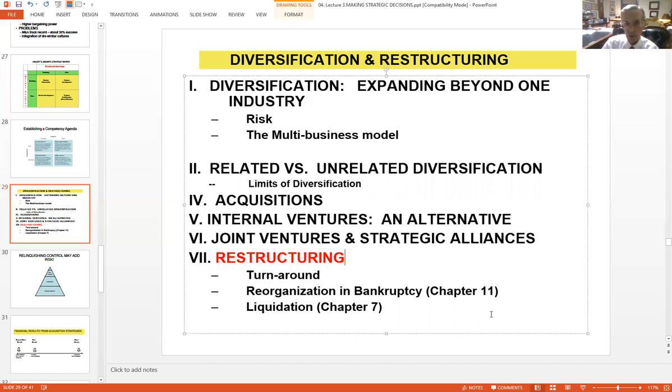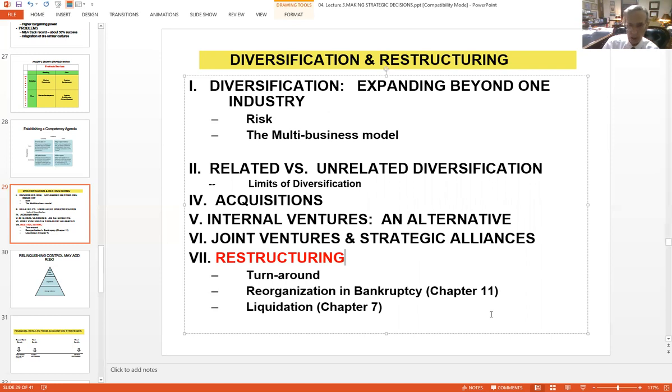Bankruptcies are tough to do and they're hard to do successfully. And so many bankruptcies, sadly, turn into liquidation. Chapter 7 of the Bankruptcy Code calls for discontinuing the business, selling the assets, and providing proceeds to creditors, first secured creditors, and secondly, unsecured creditors.